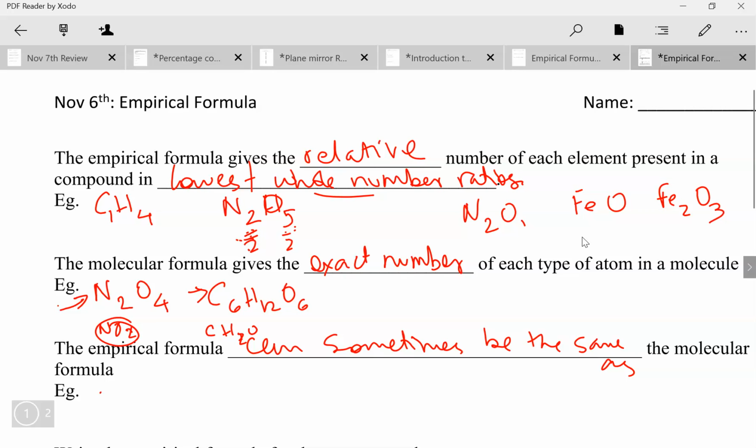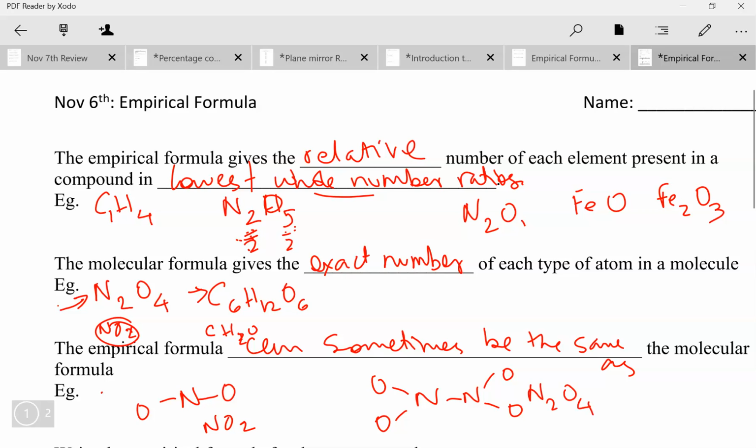So if you actually have a molecule of NO2, imagine that's an NO2 molecule, this is the empirical formula and the molecular formula, right? But only if the molecule is an N2O4 that looks like this somewhat, it has a molecular formula N2O4, but that's not the empirical formula.